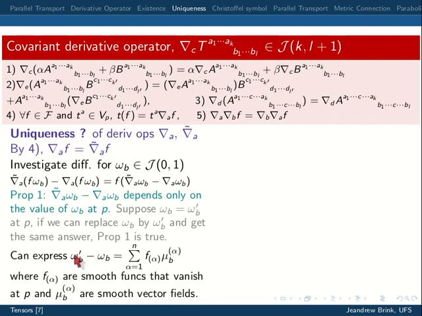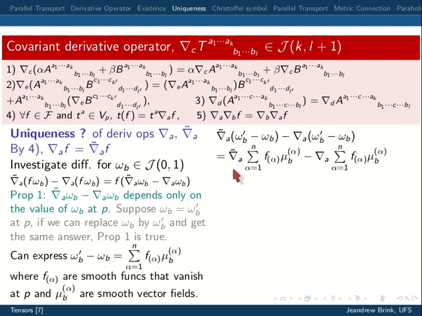So what we're doing here is simply expressing the fact that WB and WB prime are the same at p, and they can differ by some arbitrary other difference away from p. And what we're now going to do is apply our two different operators to the difference of these two 0-1 forms.